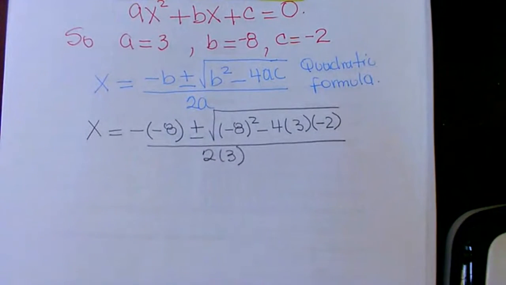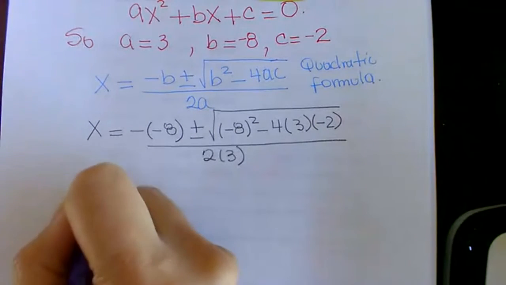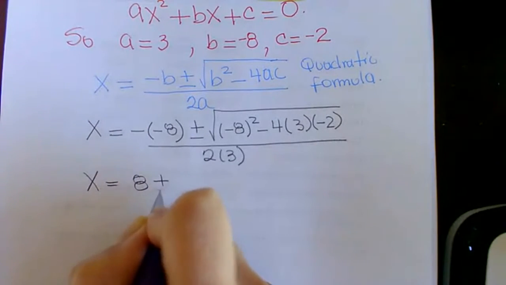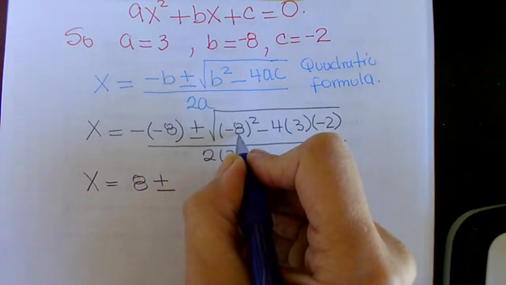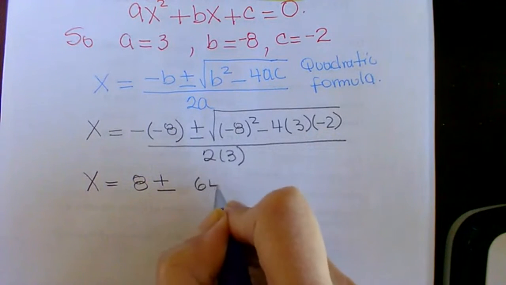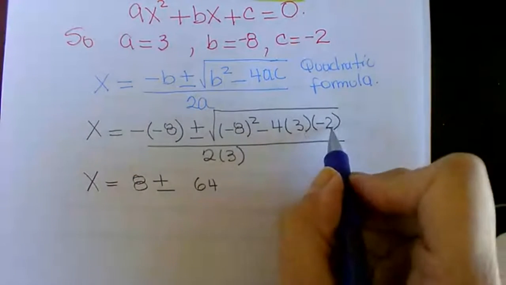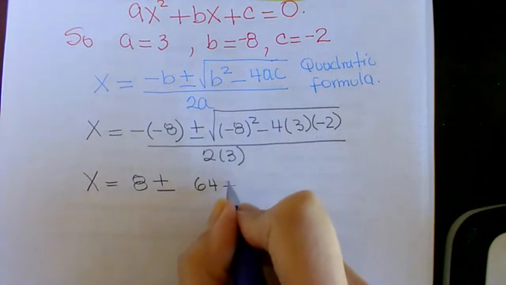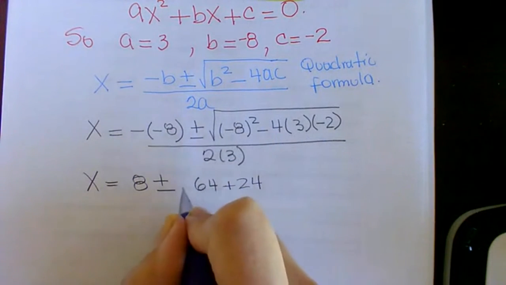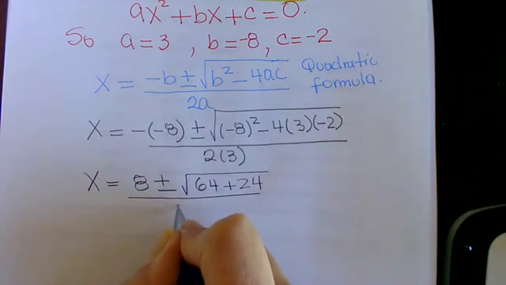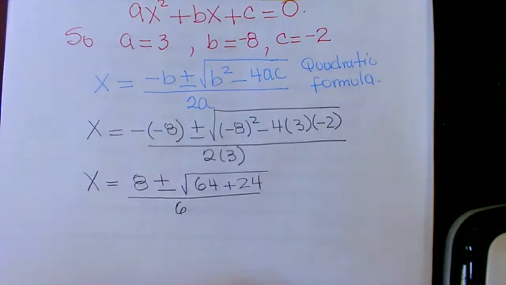Did you guys get that? Yeah. Now, this is going to be plus and minus. 8 times 8 is 64. 4 times 3 is 12, 12 times 2, so I get a 24 here, divided by 3 times 2, 6.